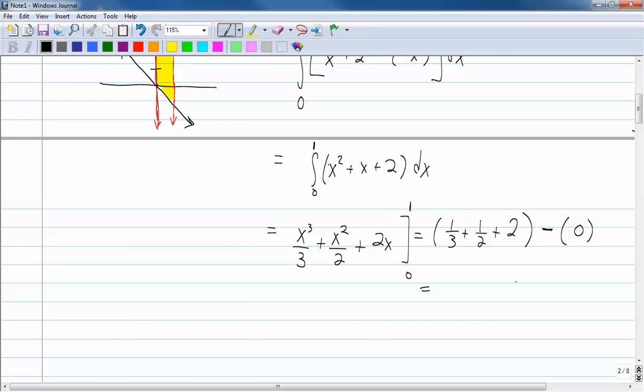That would be 2 sixths plus 3 sixths plus 12 sixths, right? 1/3, 1/2, and 2. So that would be 17 sixths. So 17 sixths square units, whatever the units may be.